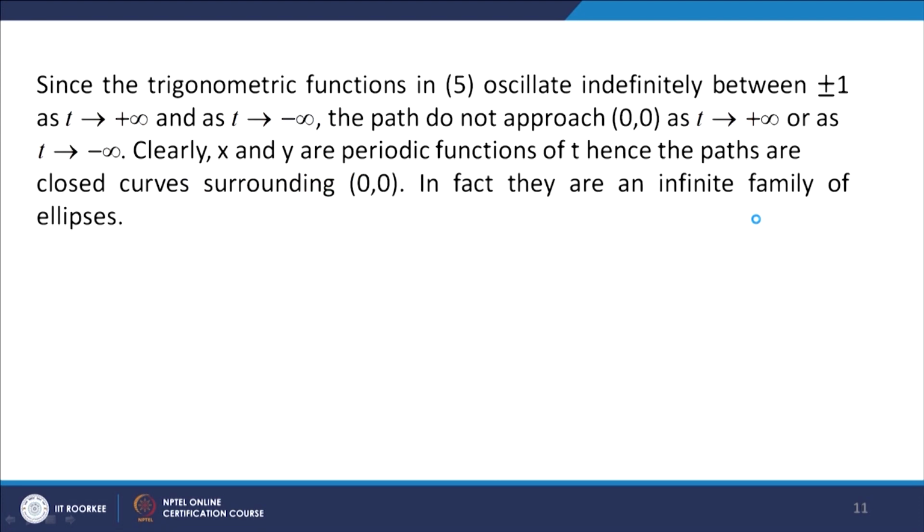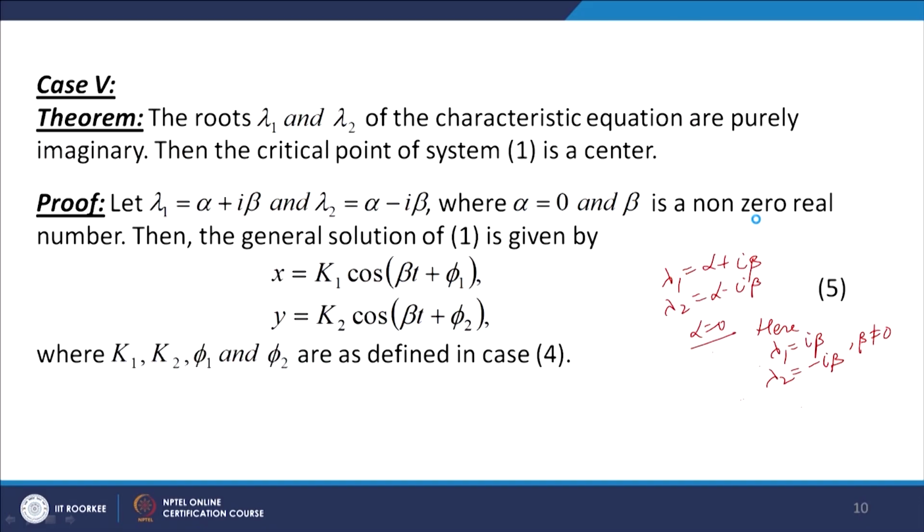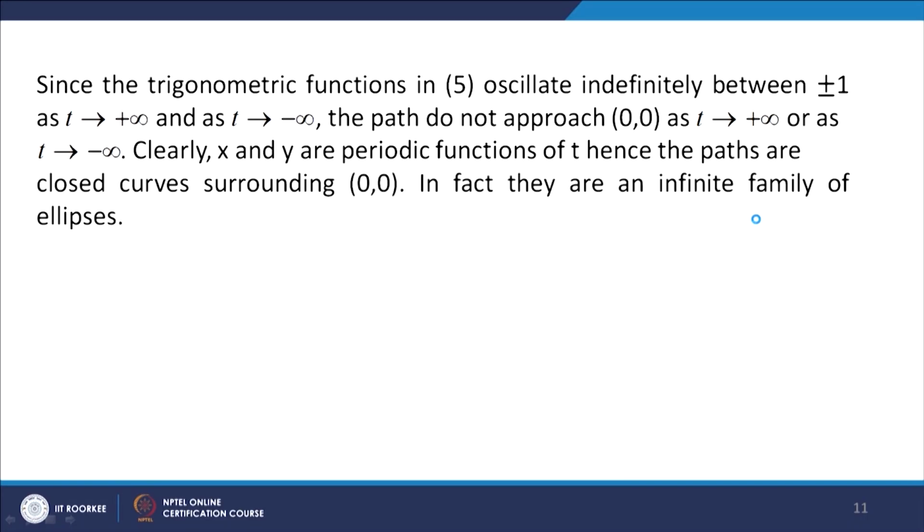Now let us see, since these are trigonometric functions in 5, when you expand this you have cos beta t cos phi 1 minus sin beta t sin phi 1. So cos beta t and sin beta t are trigonometric functions, and therefore they oscillate indefinitely between plus 1 and minus 1 as t goes to plus infinity and as t goes to minus infinity.